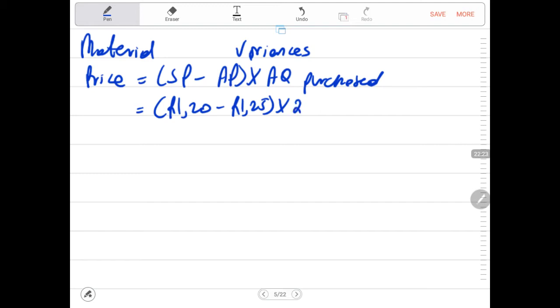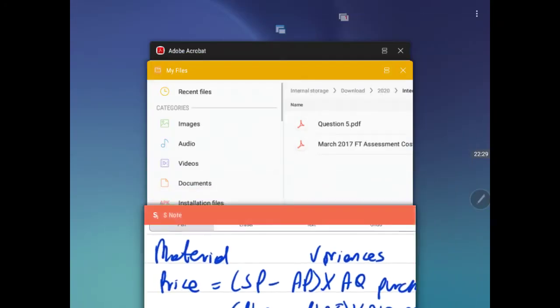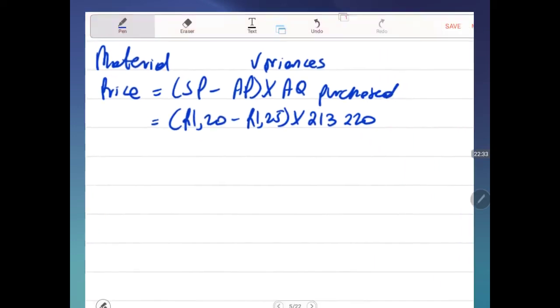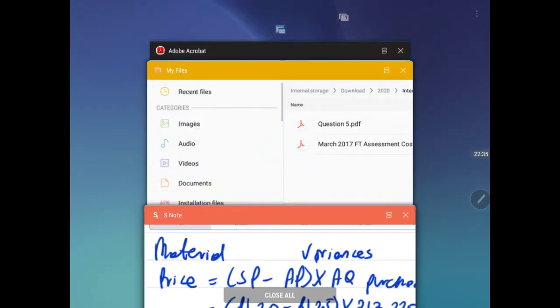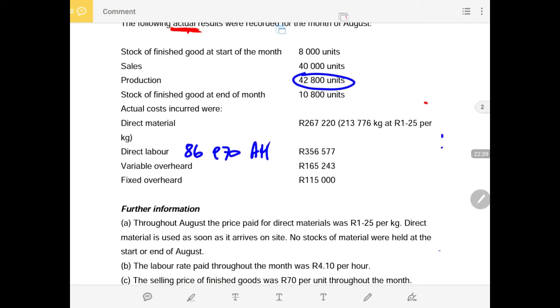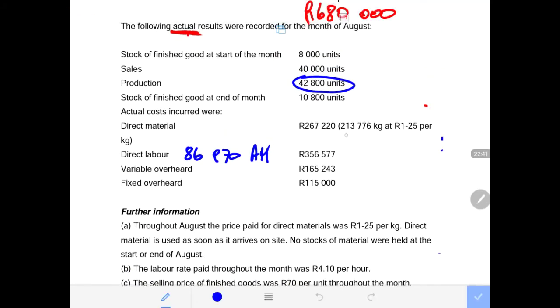Our actual quantities that were bought is 213,220. I hope my memory still serves me very well. How much material did we buy during the period? We bought material, total was 213,000, it was somewhere there, yes. 213,000 kgs, 776.